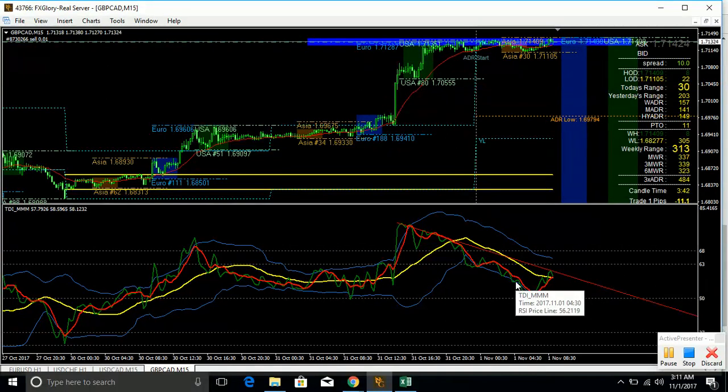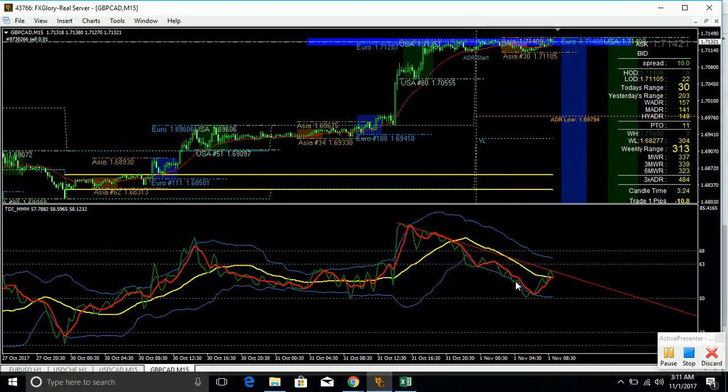Okay, that is a prime example of convergence, or I'm sorry, divergence.